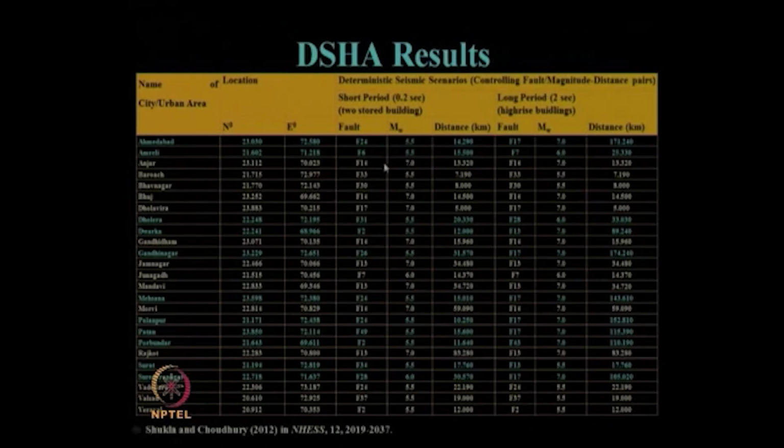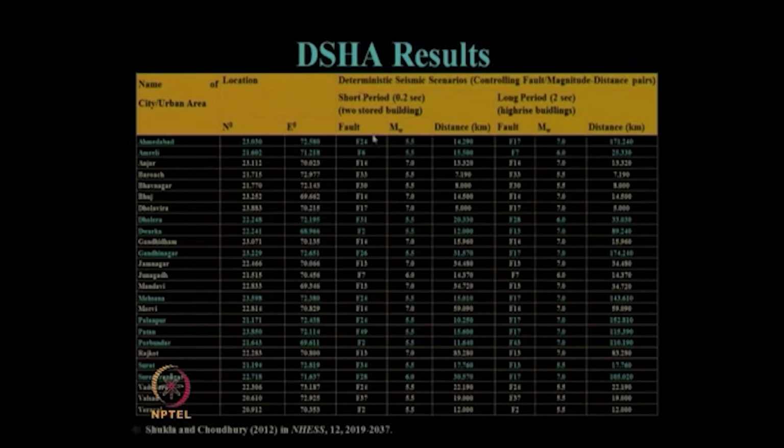I have already mentioned in the previous lecture also and today in the recap, that in that combination, if you look here in this table of 25 cities, the cities in the sky blue color, if you look carefully, for short period and long period, there is a difference of fault number.